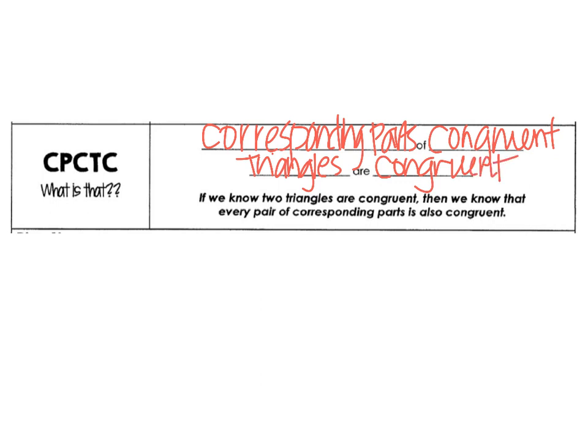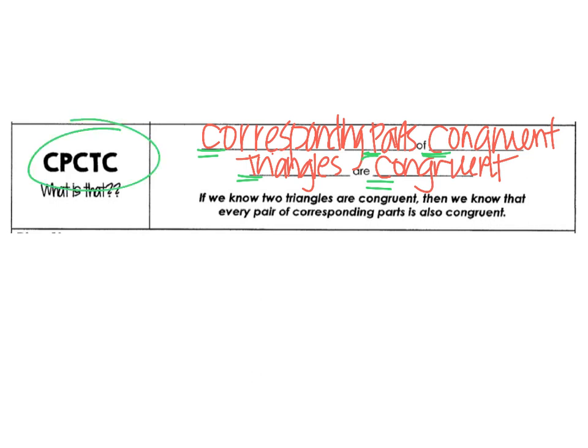So corresponding, there's our C, parts, there's our P, of congruent triangles are congruent. CPCTC is just the abbreviation we use so we don't have to write out corresponding parts of congruent triangles are congruent every single time. All right, extra credit point if anybody can say CPCTC 10 times fast without messing up.